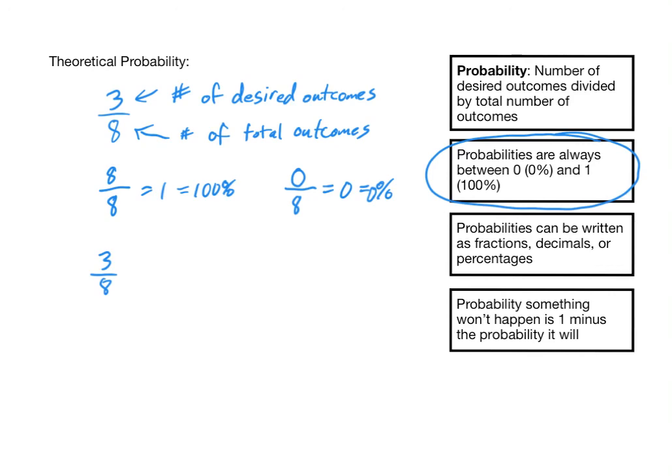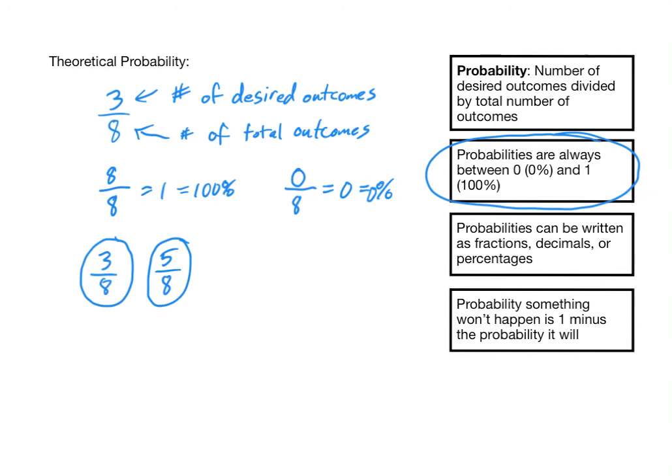Well, that's all the other possibilities. If 3 of the 8 outcomes were desired, then the other 5 are the non-desired ones. So there's a 3/8 chance of getting exactly 2 tails, and a 5/8 chance of not getting exactly 2 tails when you flip a coin 3 times.